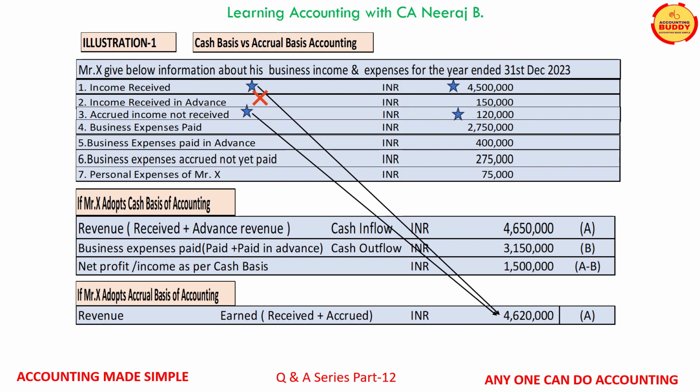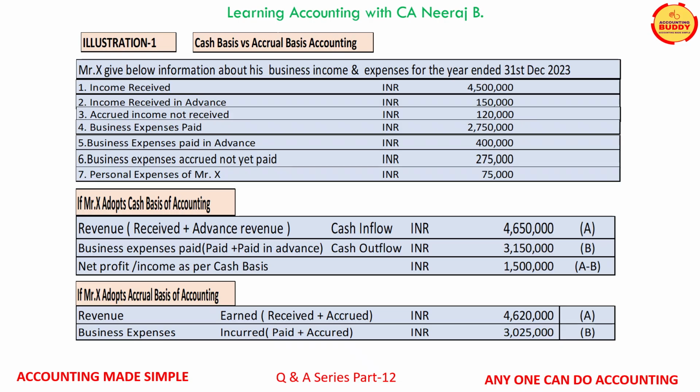Now for business expenses, 3.025 million will be considered, which comprises 2.75 million business expenses paid and 275,000 business expenses incurred but not yet paid. Please note that expenses amounting to INR 400,000 paid in advance will not be considered under accrual basis of accounting.